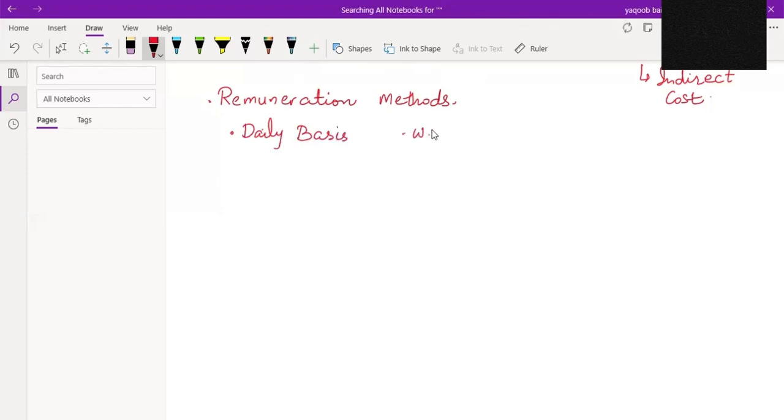Number two is weekly wages. We are paying on per week basis. Number three is hourly wages. We are paying on hourly basis. Number four is monthly basis. We are paying on per month basis.